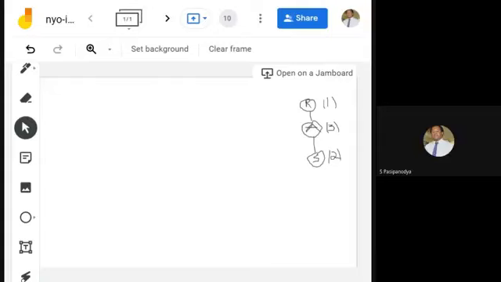So as he works on uploading his image, anyone else? Someone says they cannot edit. Let's see.